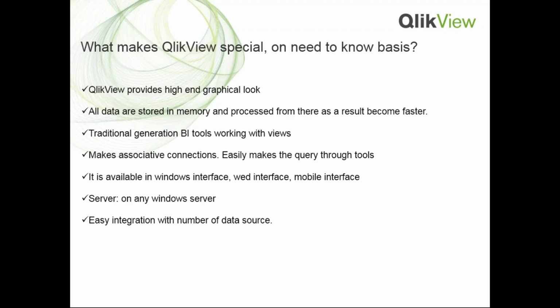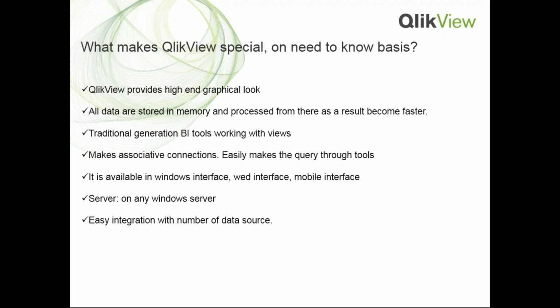It makes associative connections, which makes querying through tools possible. So you don't need to join the tables by writing joining scripts. Through tools also you can make a relationship. QlikView has an inbuilt feature.